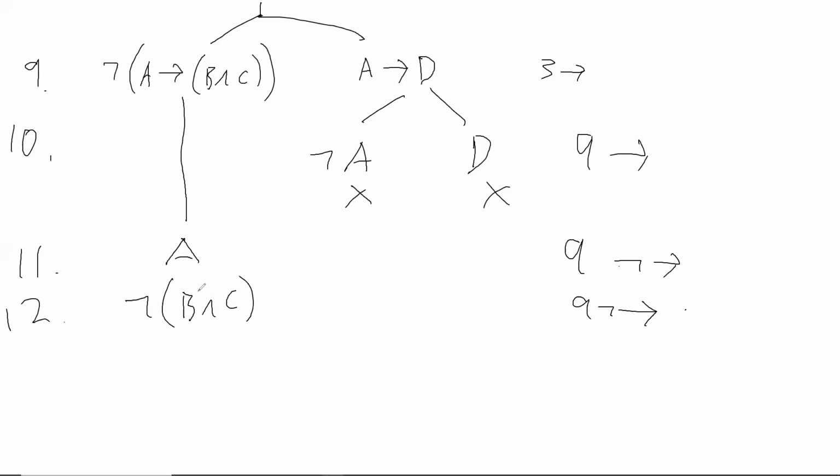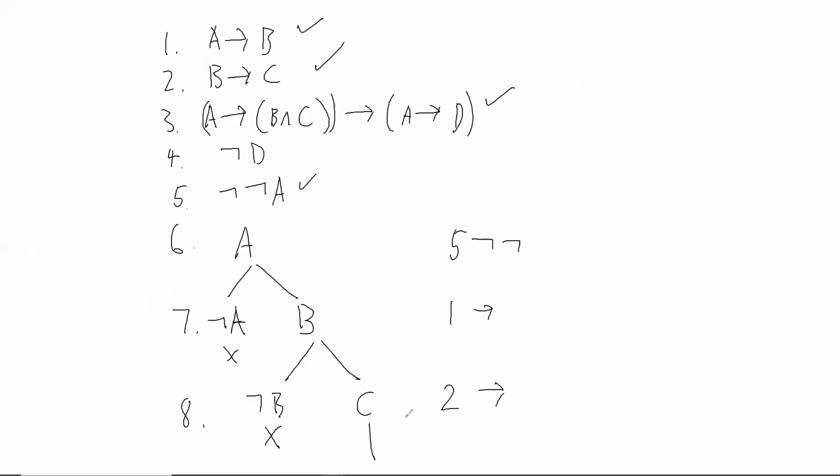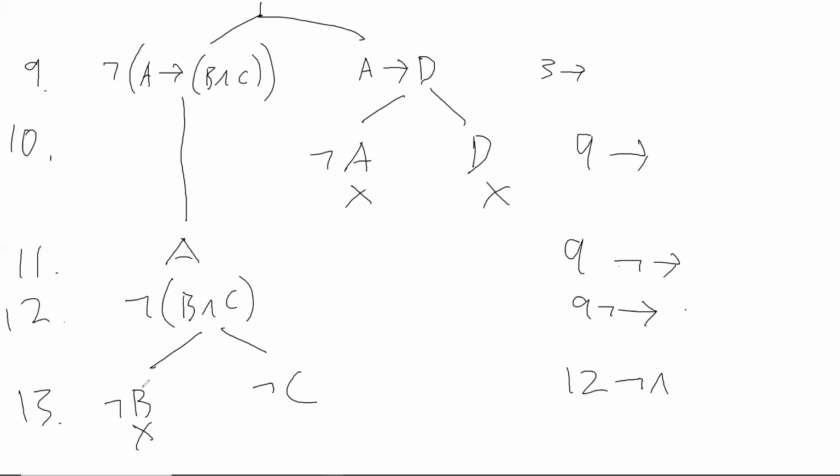And so the branch doesn't close yet, so we need to keep going. This will branch here. We'll get not B, not C. It's obtained from line 12, negation conjunction. And looking back, well, we have C and B here on each of these branches. So this closes because B is on this branch, and this closes because C is on this branch.